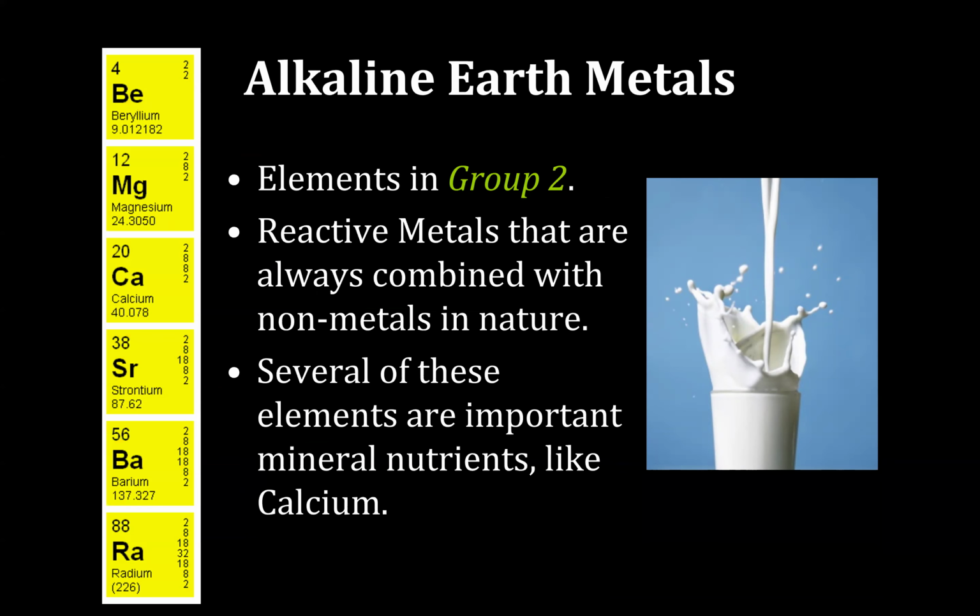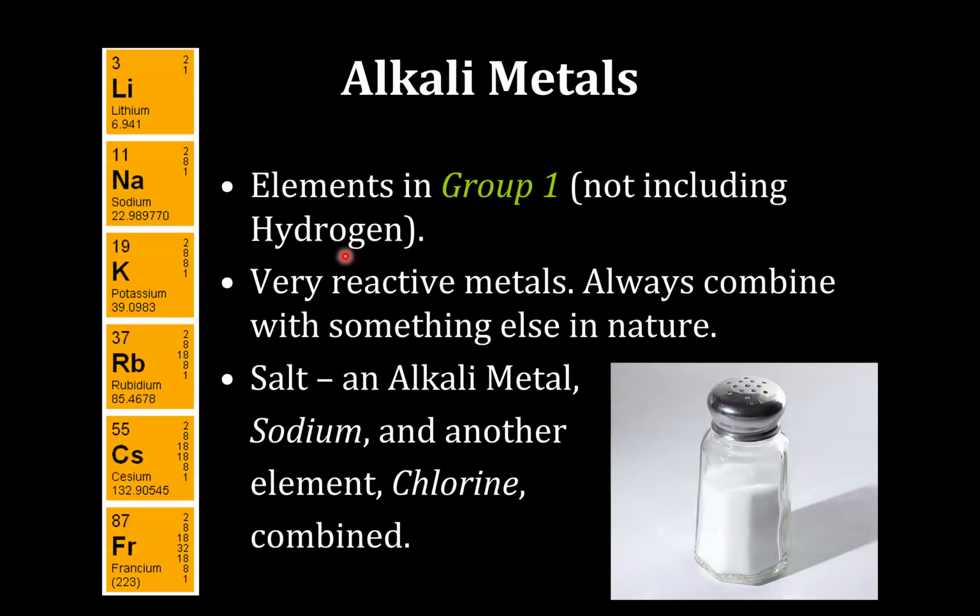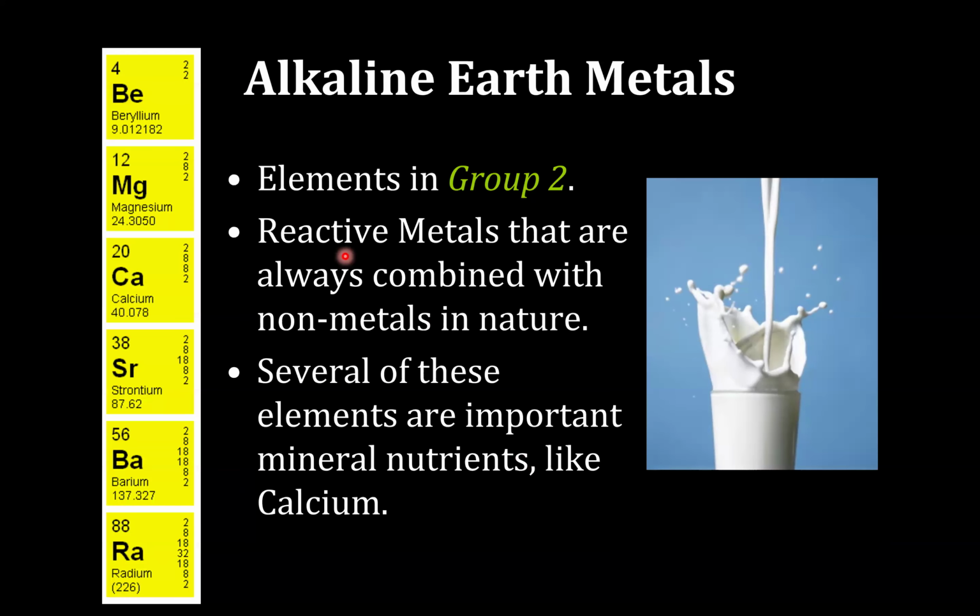That's why they are coded in different colors. They are reactive metals that are always combined with non-metals in nature, just like group one metals, alkali metals. They don't exist on themselves in nature. They always combine with others.